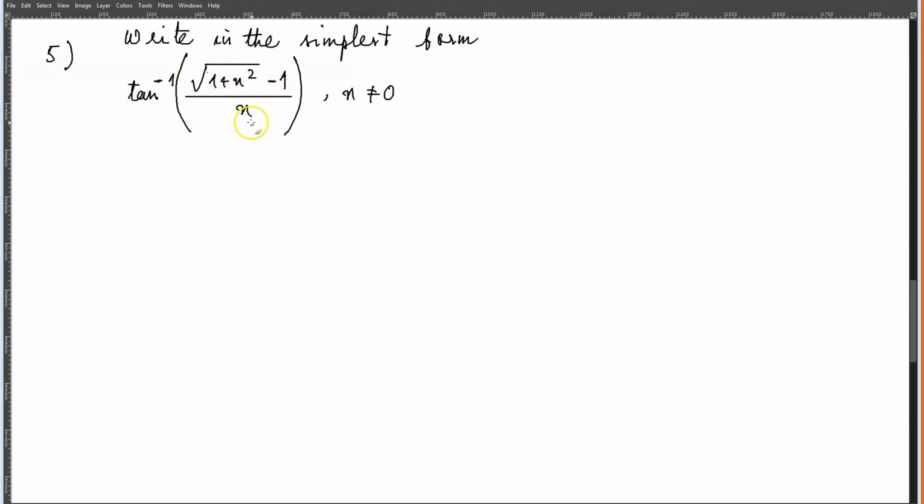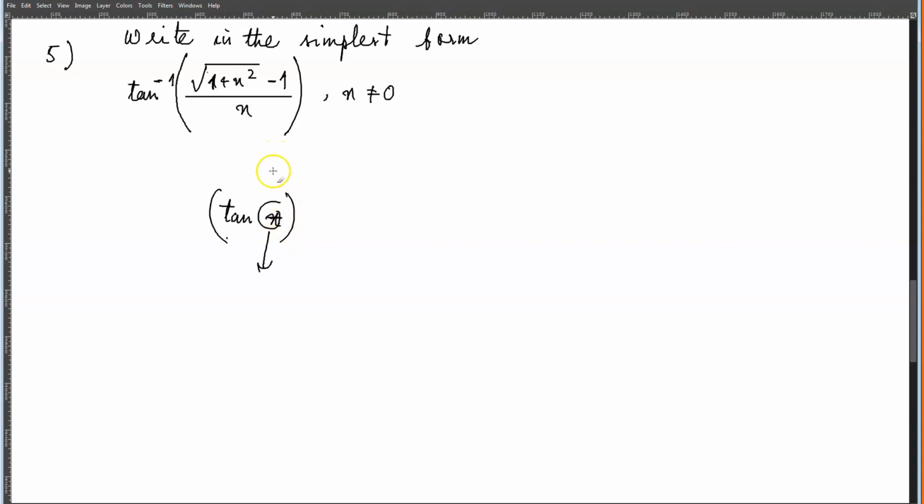When you want to write these in the simplest form, what that means is that when you have the tan inverse function, you have to write this whole expression in some form of tan of some angle. And if you write that in terms of tan of some angle, then tan inverse of tan would give you the angle itself. So that's basically the whole process.